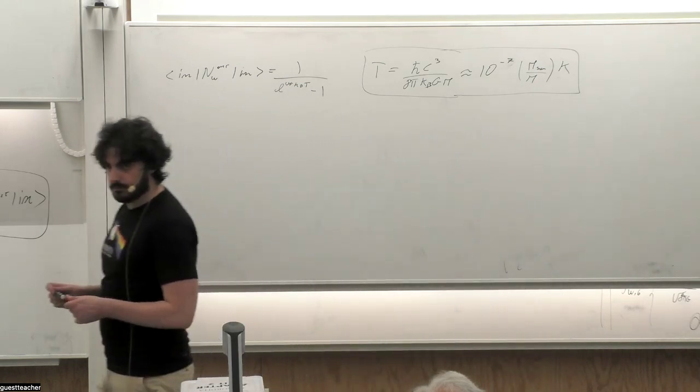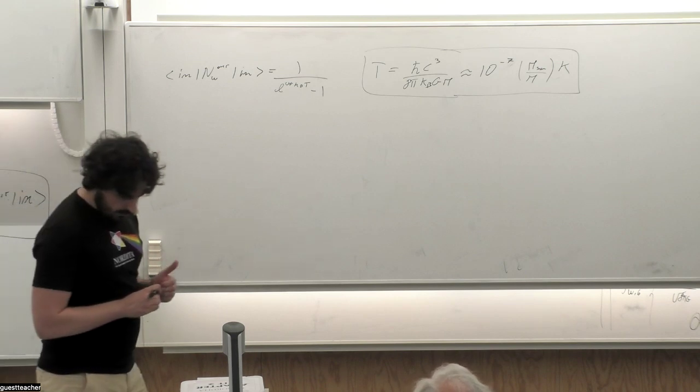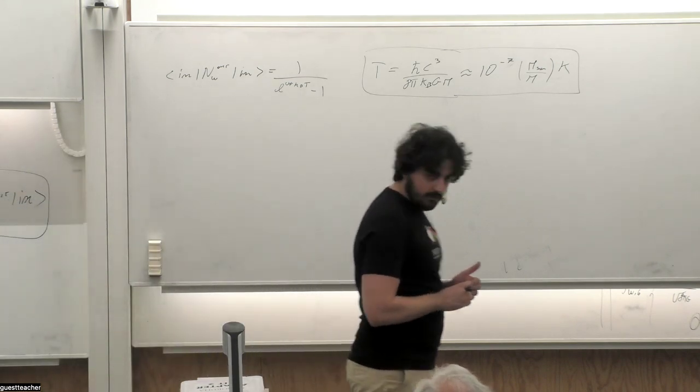Any questions? No questions. Okay. So we said that the spectrum is Planckian.